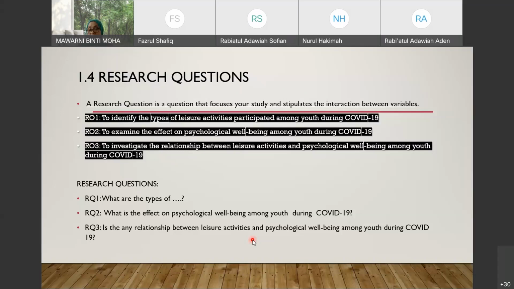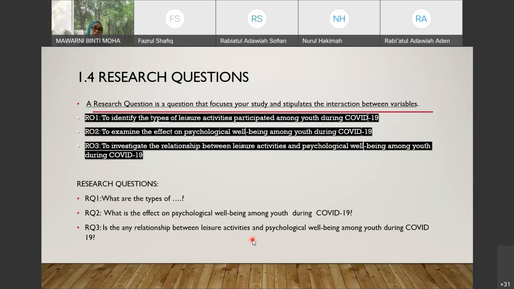All right, very good, supervisor says. Can I see your instruments? How are you going to measure this? Oh, I do not know, man. Can you help me? So what is important also is that you have already identified the suitable instruments to measure your leisure activities and the psychological well-being.